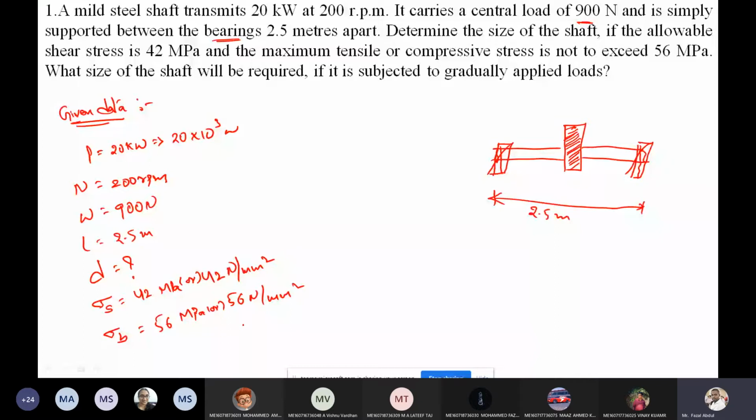What is the size of the shaft, D is equal to how much? Again he is asking what is the size of the shaft required if it is subjected to gradually applied load.